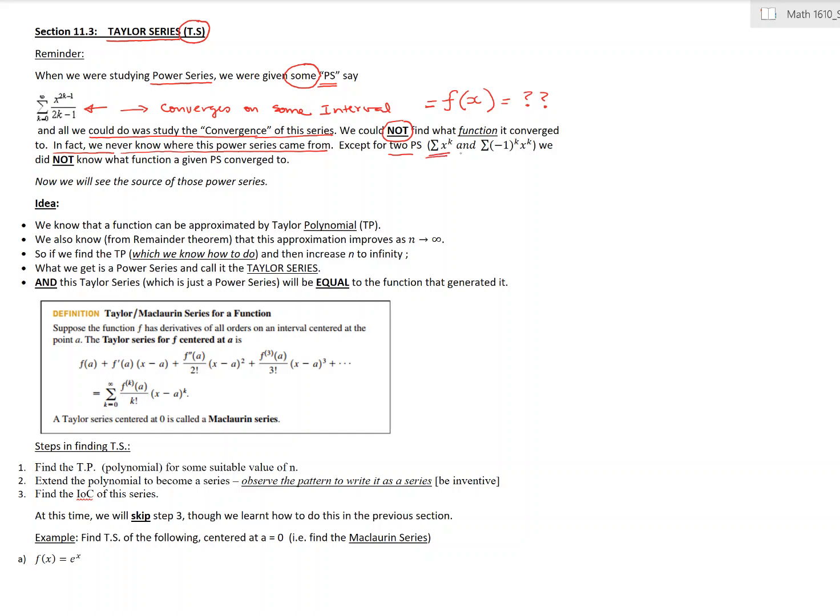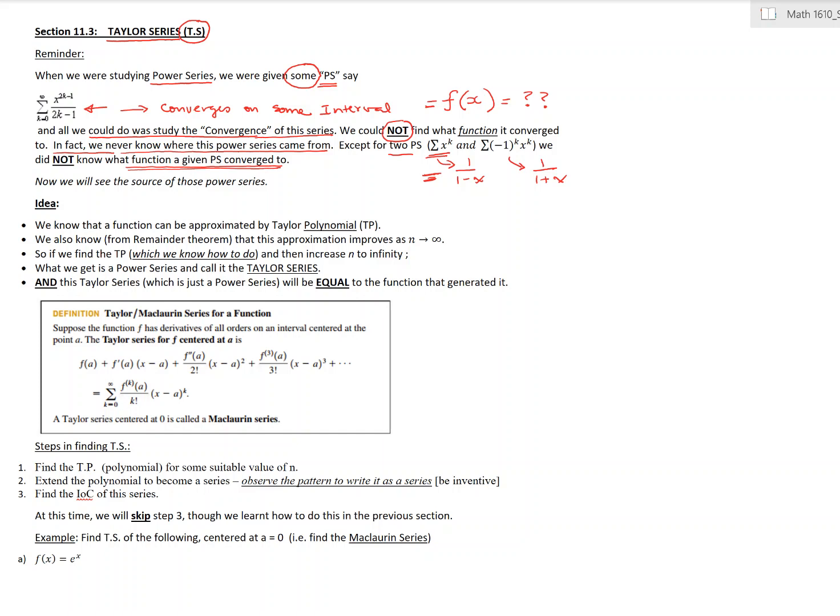One was this, and as you would remember, this one turns out to be equal to 1 over 1 minus x. Equal means it sums up and converges to this, and this one was 1 over 1 plus x. But we did not know what function a given power series converged to.